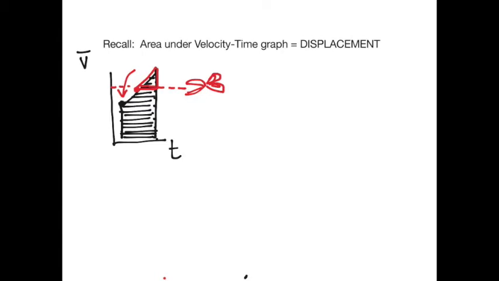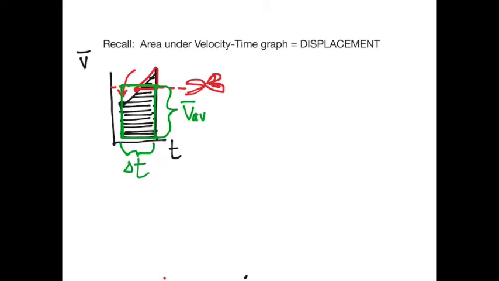If you did so, what you would create is a regular rectangle. A rectangle whose height would be the average velocity, that point right in the middle between v1 and v2, and whose base would be delta t.